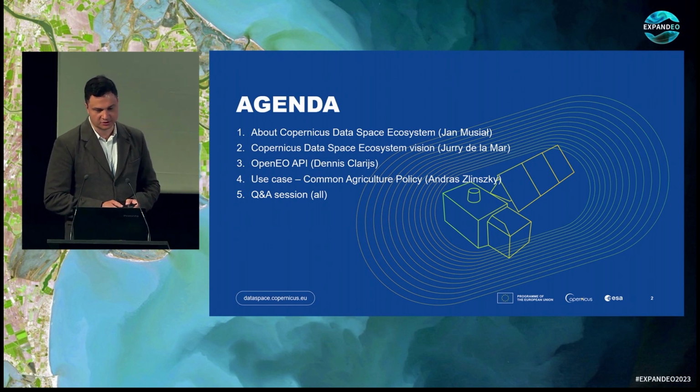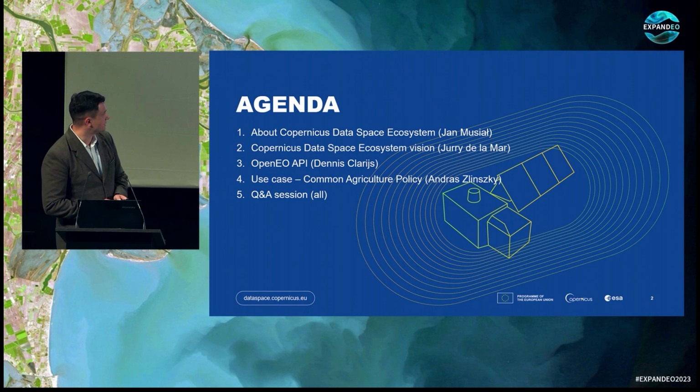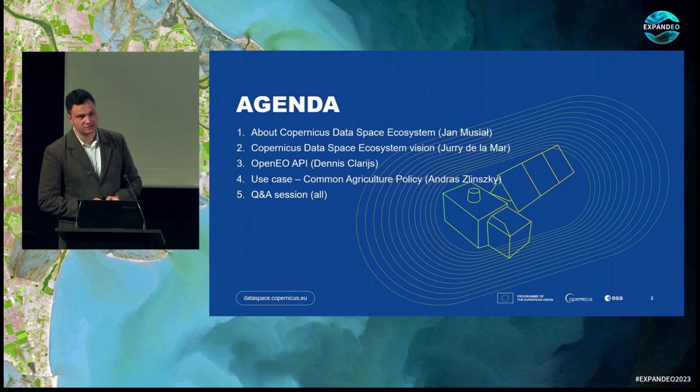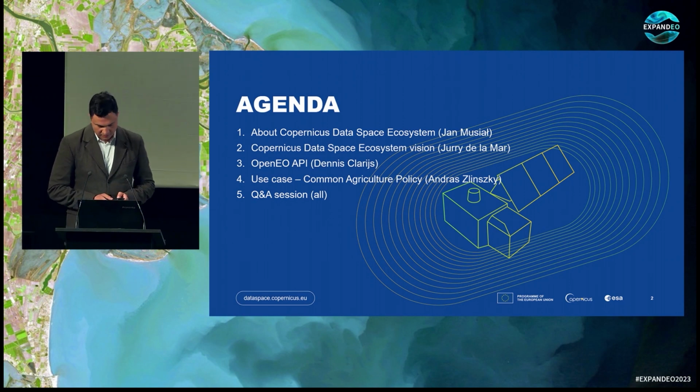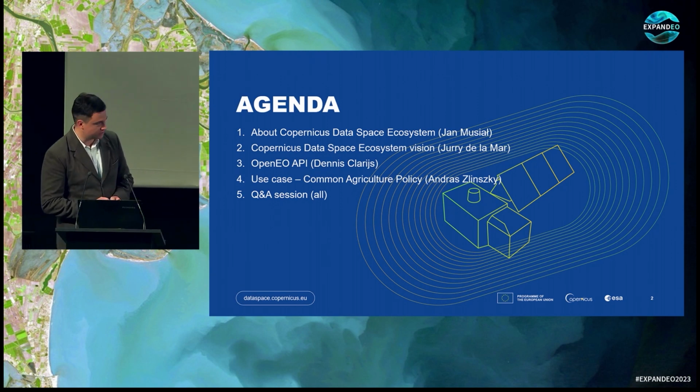Then we will have a short introduction to the Open EO API given by Denis Claris from Vito. And then we will see the use case of the Copernicus Data Space Ecosystem in the framework of the Common Agriculture Policy given by Andras Zelinski from Synergize.